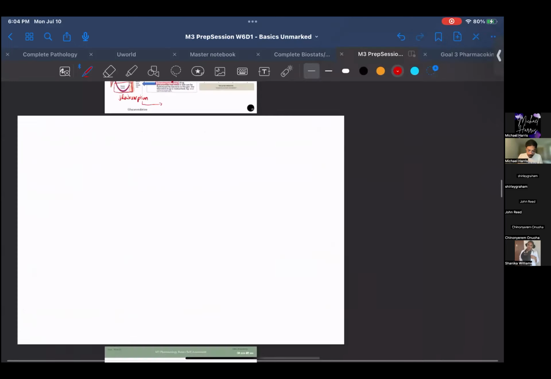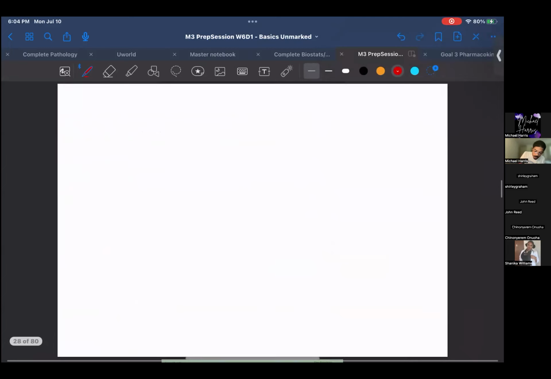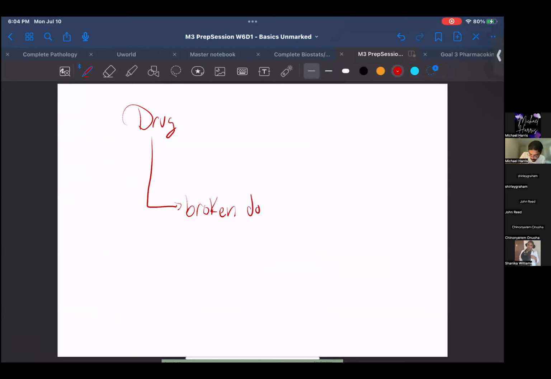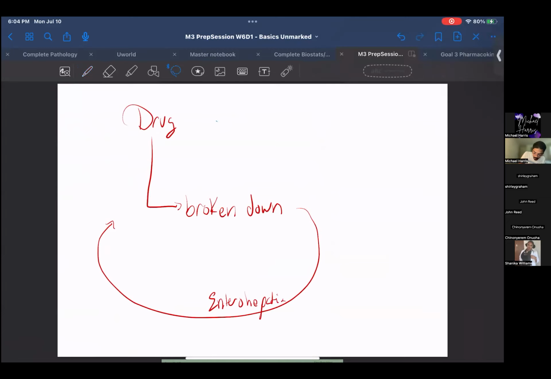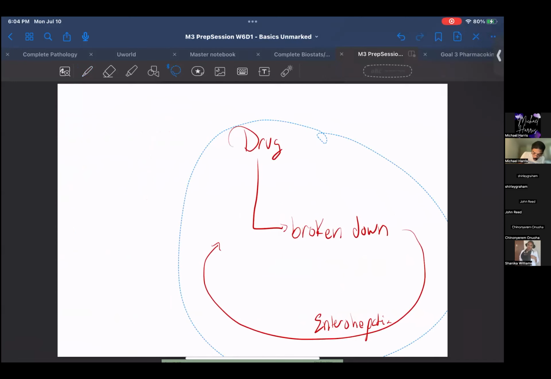Okay. So here's the drug. The drug gets broken down and then gets reabsorbed via the enterohepatic circulation. Okay. And you also, here, let me move this over. You also orally take the drug.